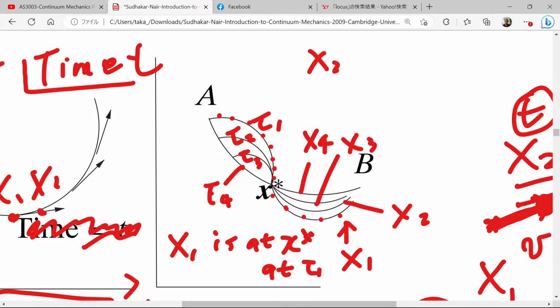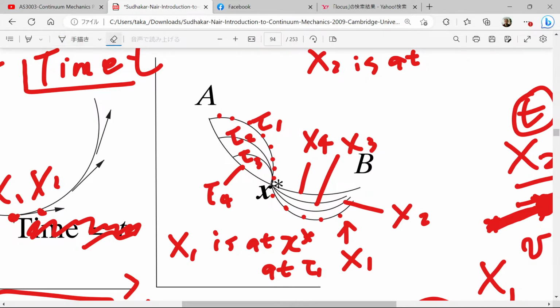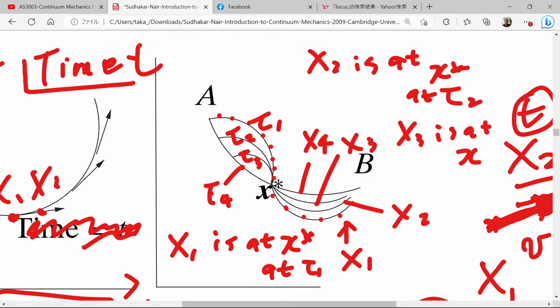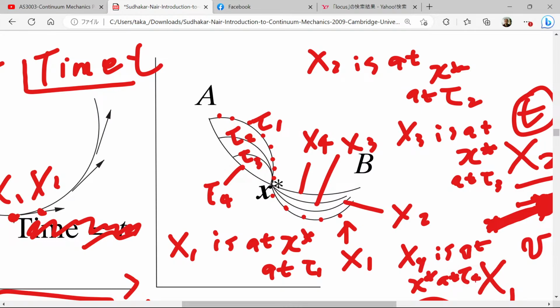Particle x2 is at x star at tau 2. x3 is at x star at tau 3. x4 is at x star at tau 4.